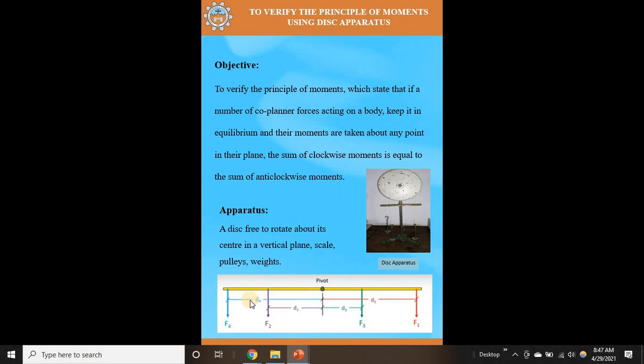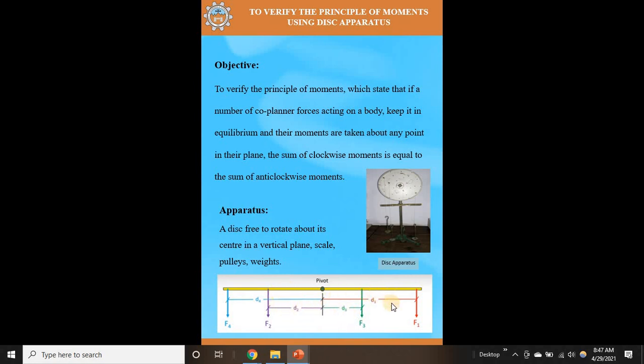If certain weights are hanging from this rod, you can see that F1, F3, F2, F4 are acting downward. So these are coplanar forces, all acting downward on the same plane. If this body is in equilibrium, the forces causing clockwise moment are equal to the forces causing anti-clockwise moment.